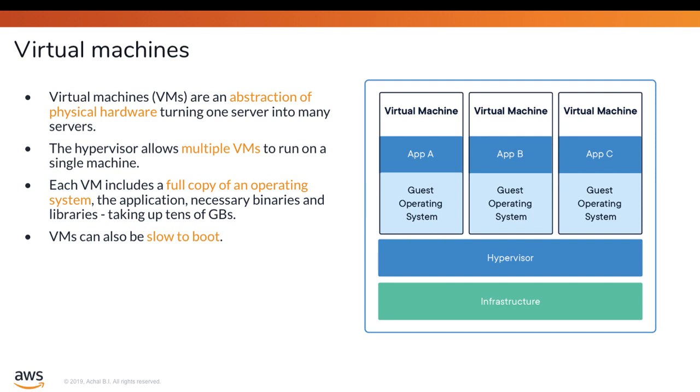The layers, as you see in this picture: the hypervisor sits on top of your bare metal hardware, and you can install many guest operating systems on top of the hypervisor, and on top of these guest operating systems you could add different apps.